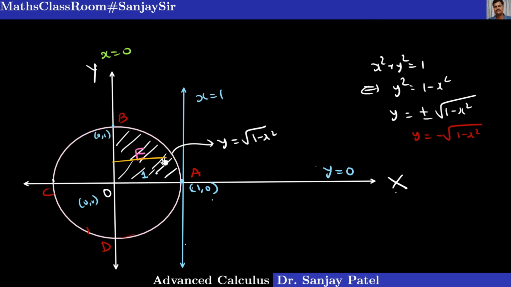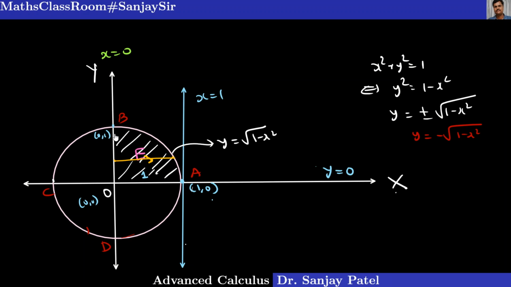So if you take a strip parallel to the x-axis like this, then let me remove this, not proper. Take a strip parallel to the x-axis in the region of integration and see that both the left endpoint and the right endpoint lie on the same curve for all positions of the strip in this region.